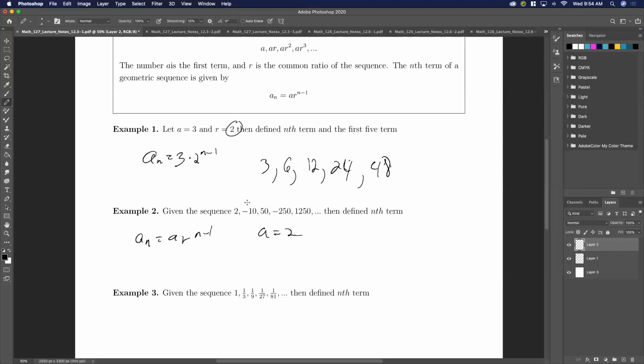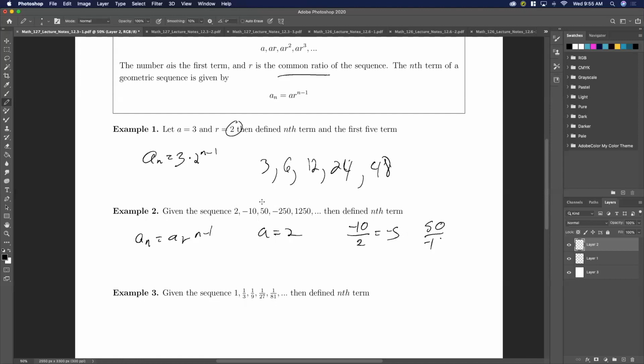To find the common ratio, you take the second term divided by the first term, and you get negative 5.